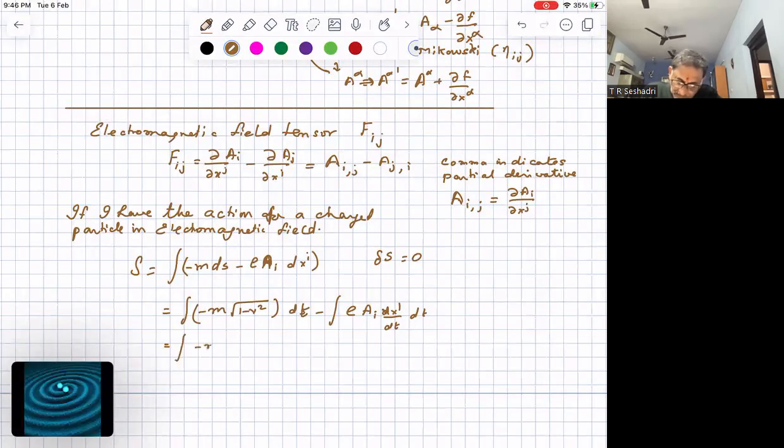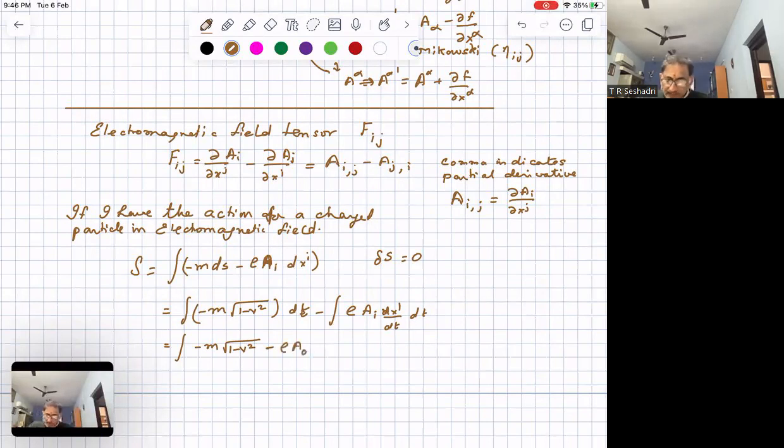This is equal to minus m square root of 1 minus v square minus e a0 dx0 by dt, which is 1, dt, minus e a alpha v alpha, and I will take this dt out common.